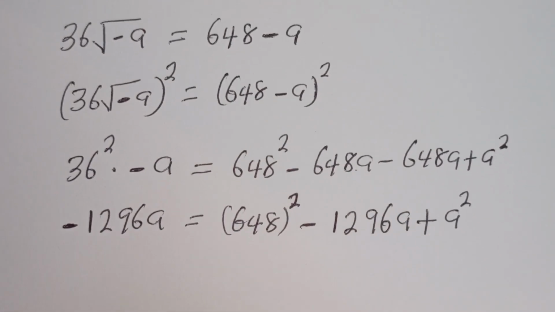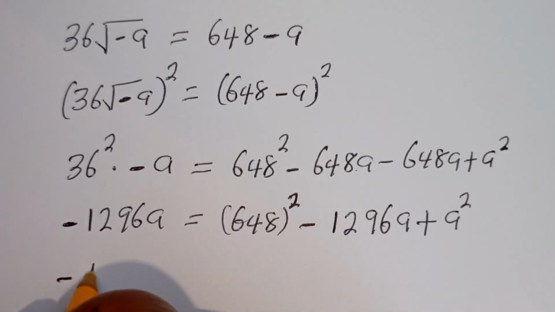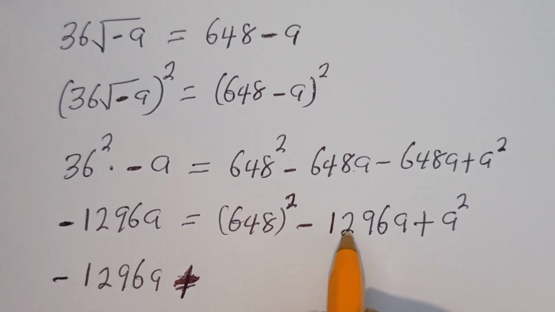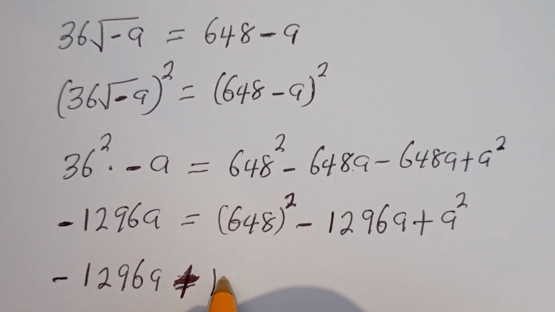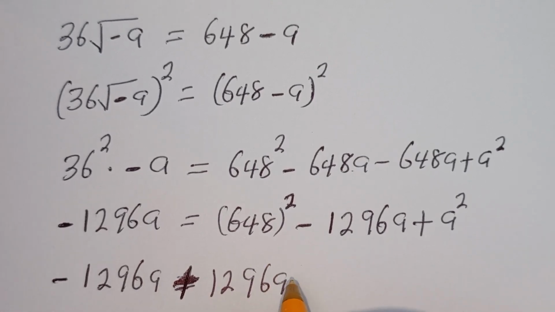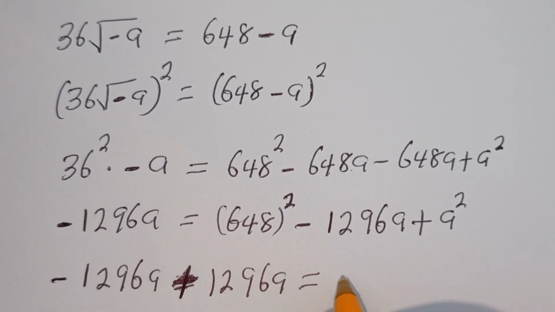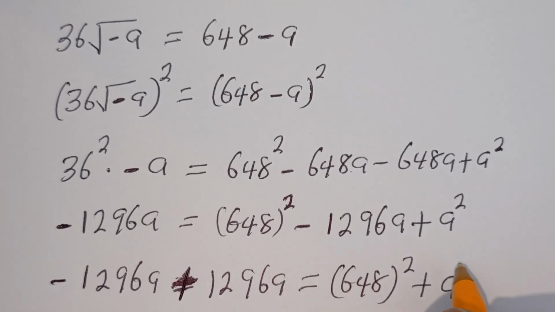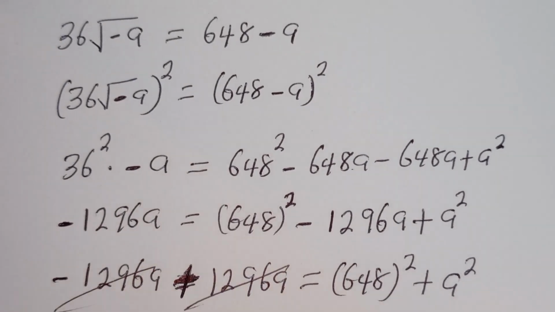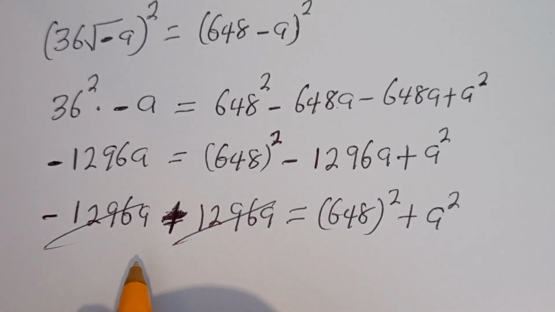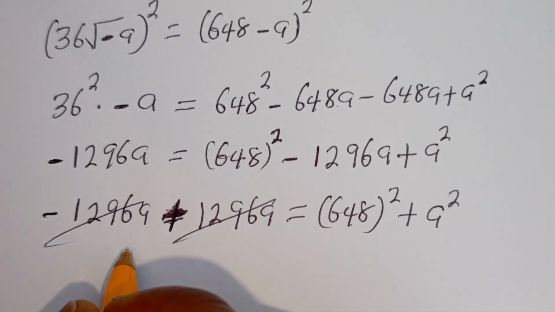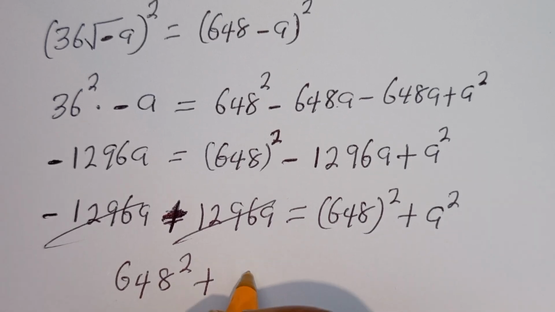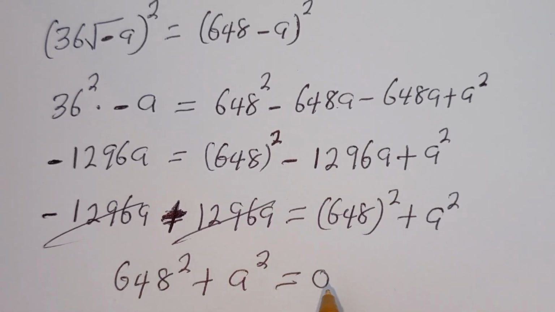Then here we have minus 1296a plus, if you bring this to this side, we have 1296a is equal to 648 squared plus a squared. This, we cancel this. Then we have 648 squared plus a squared is equal to 0.